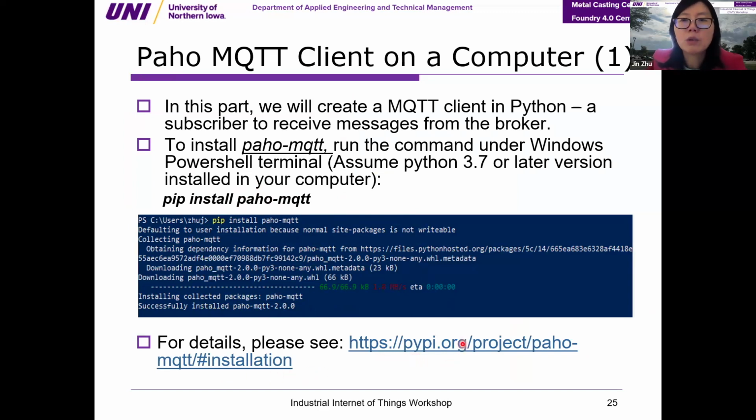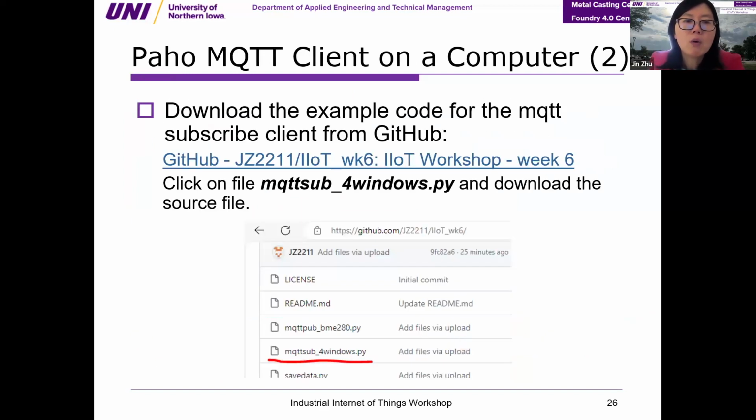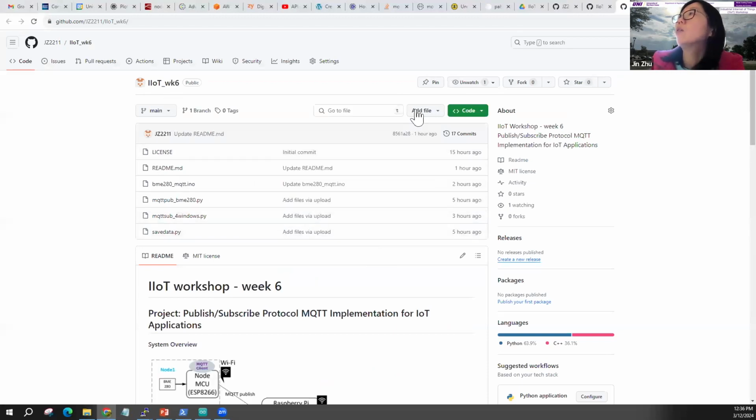On the external computer, you can download that file. Go into this link, all the files are there. If you go over here, you can see there is the MQTT sub, which is a subscriber for Windows.